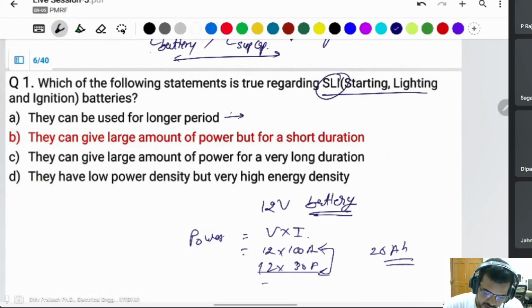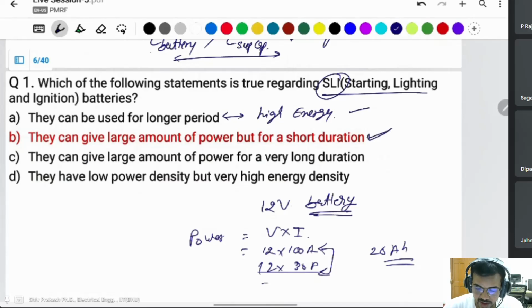No, the ones used for a longer period are known as high energy density batteries, like the ones used in vehicles or in inverters. They give a certain amount of current, but for a long duration of time.